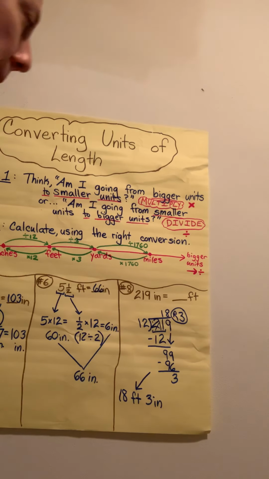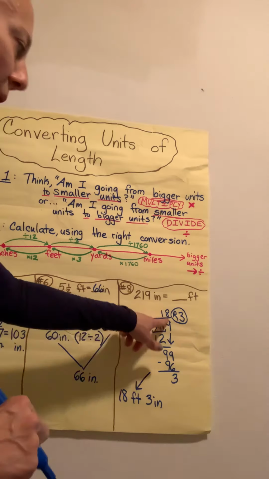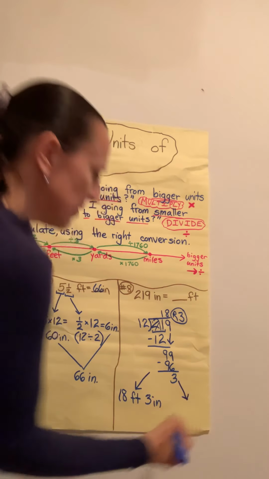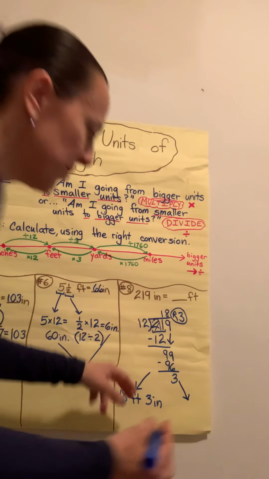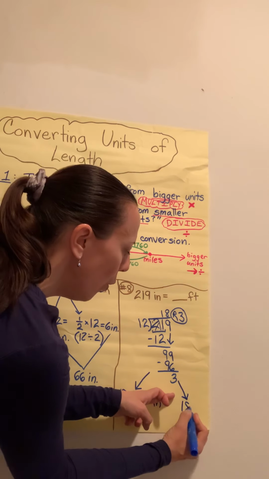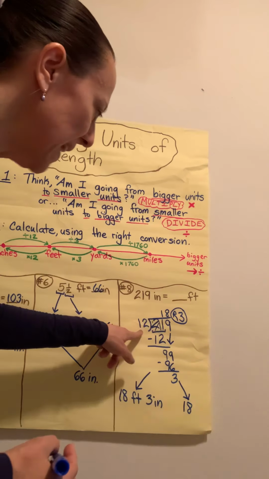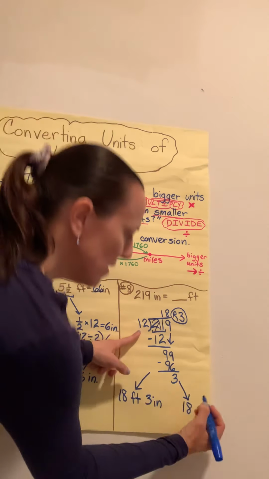But since we're using measurement, I know the other way I can interpret a remainder is as a fraction. So if I just wanted to give my answer in feet, I certainly have 18 whole feet, and then I have 3 inches out of 12 for the next foot.